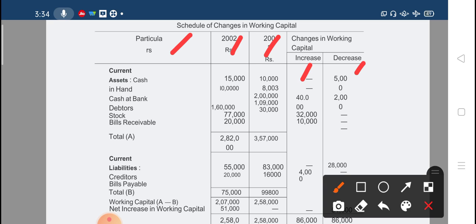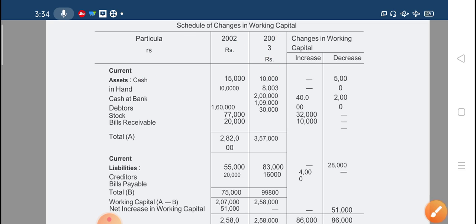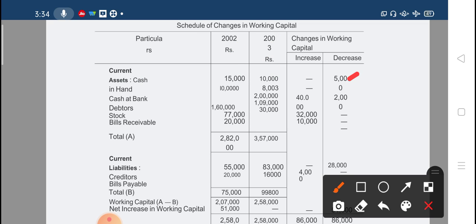So in current assets, cash in hand is taken 15,000, 10,000. So the difference, the current asset is decreased, so 5,000 is written here. Then cash at bank 10,000 and 8,000, so 2,000 is decreased.